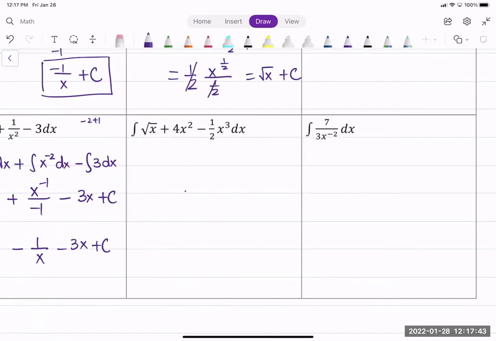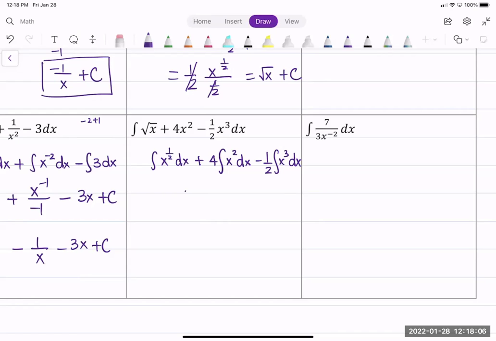On the next one, similarly, I have multiple terms, so I'm going to do the same thing. Instead of square root of x, I'm going to have x to the 1/2 dx plus 4 x squared dx minus 1/2 x cubed dx. Okay, and we're going to start finding the integral.